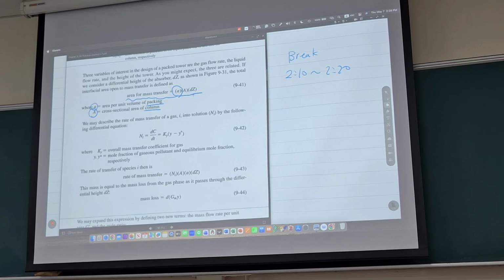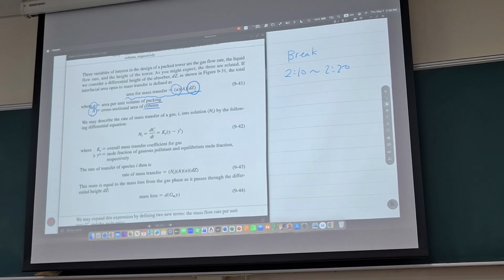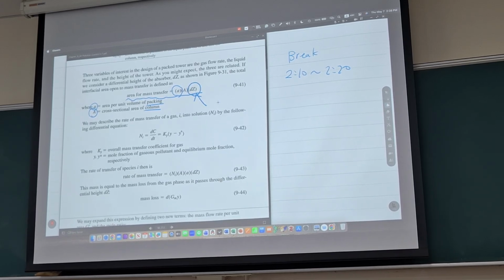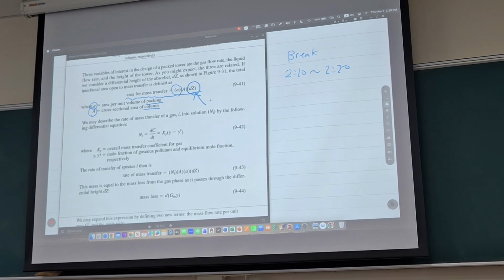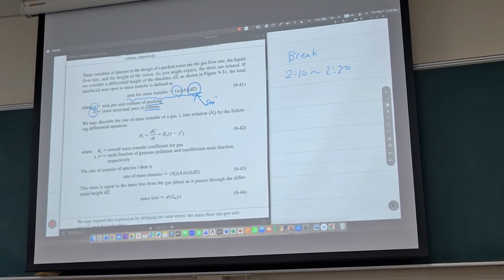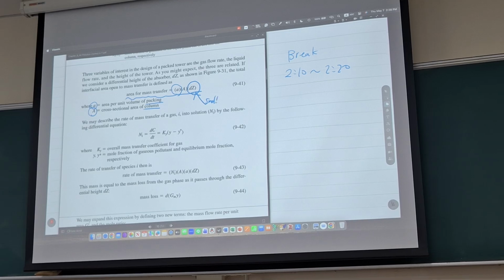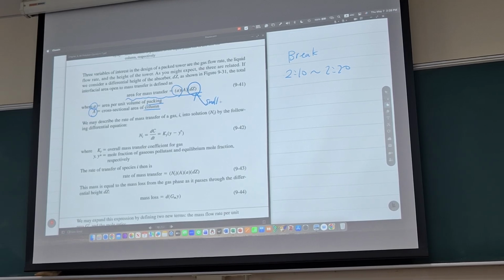And dZ, students, dZ is the small height differential, right? dZ is the small height of the tower.